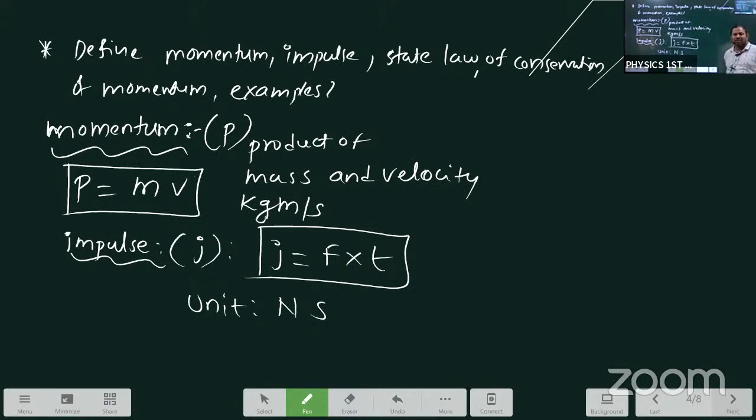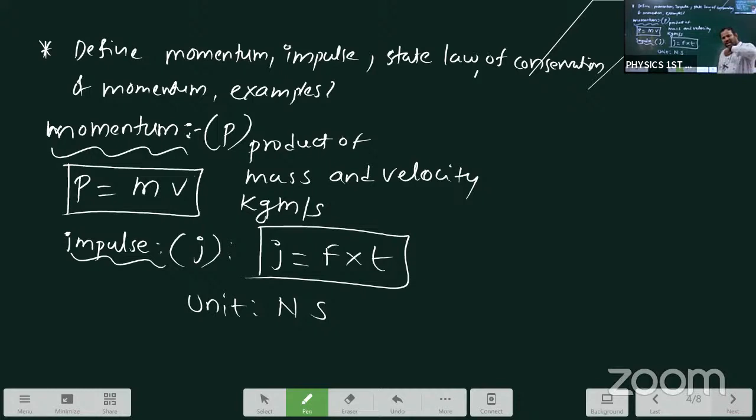Second one: define momentum, impulse, law of conservation of momentum, examples. What is momentum? Product of mass and velocity we call momentum. Next, impulse: product of force and time. Generally, impulse is a large amount of force acting on a body in a small interval of time.